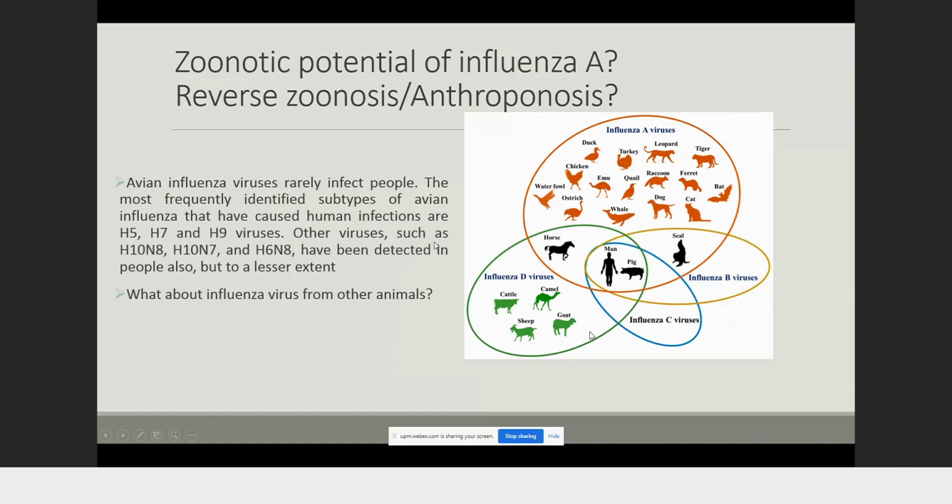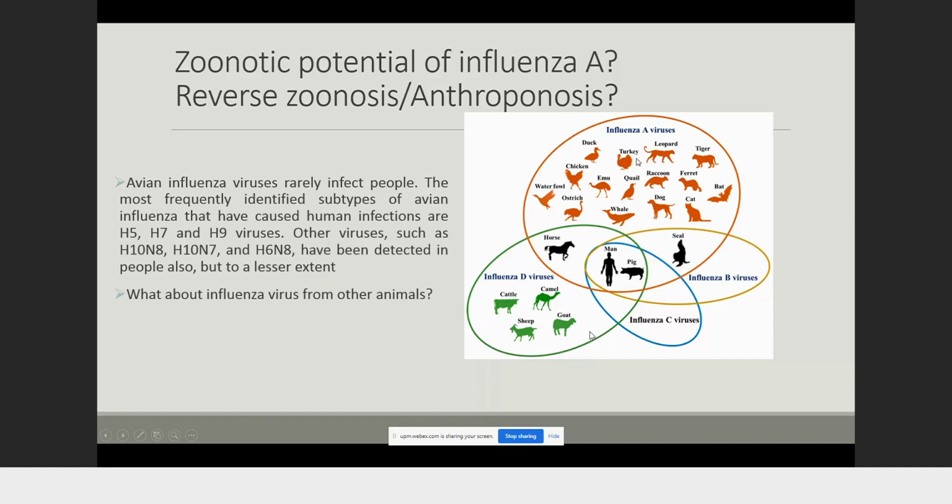Okay, so what is actually happening between these avian influenza infections? Are animals the zoonotic source for us, or are we the source of infection to the animal? In reality, both happen. Anthropogenesis also happens.